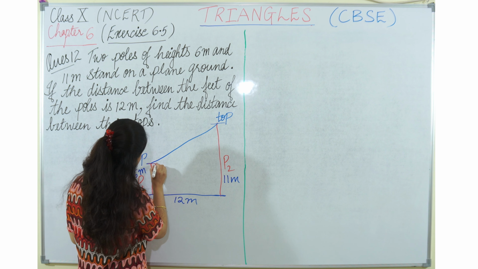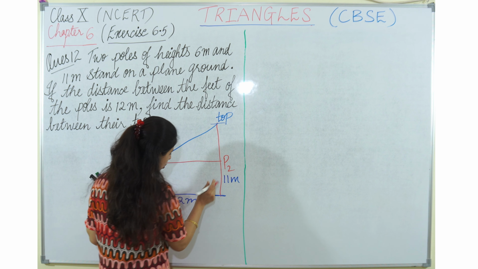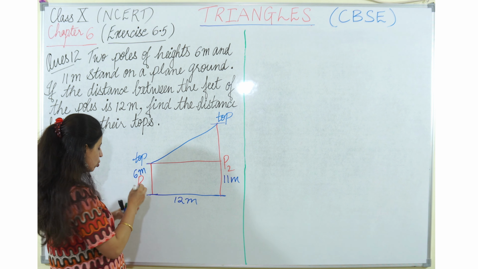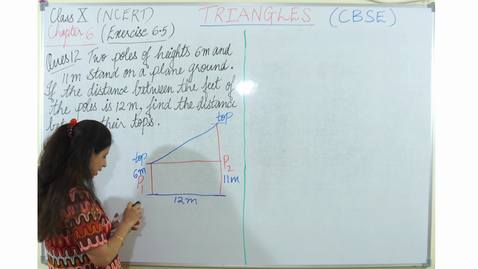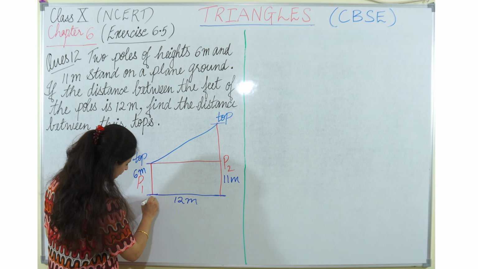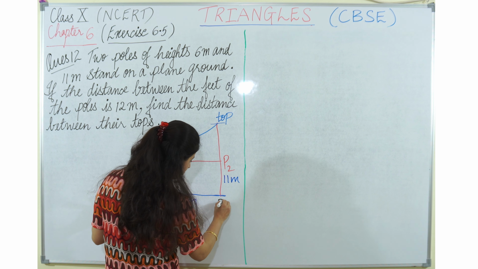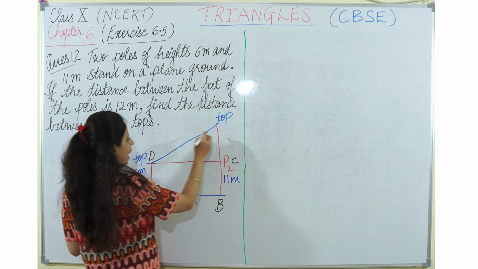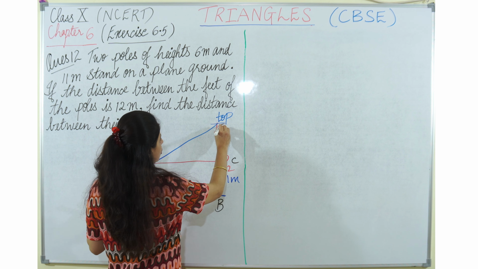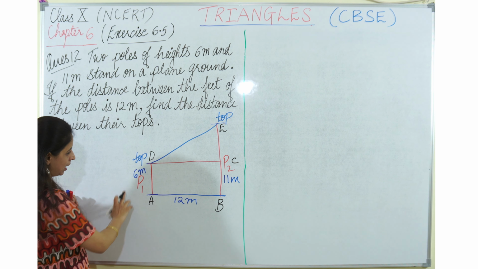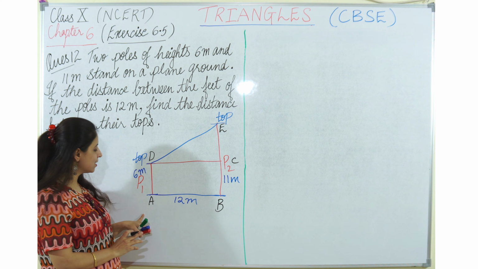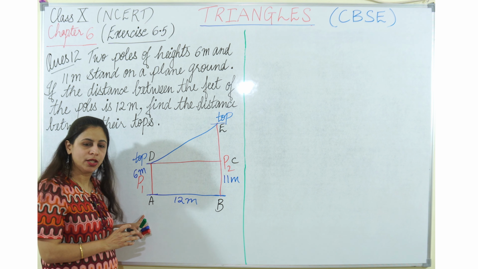If I draw a line from here, we will be getting a rectangle over here. Let us name the vertices as A, B, C, D and E. Now let us see that ABCD is forming a rectangle. The opposite sides of the rectangle are equal.